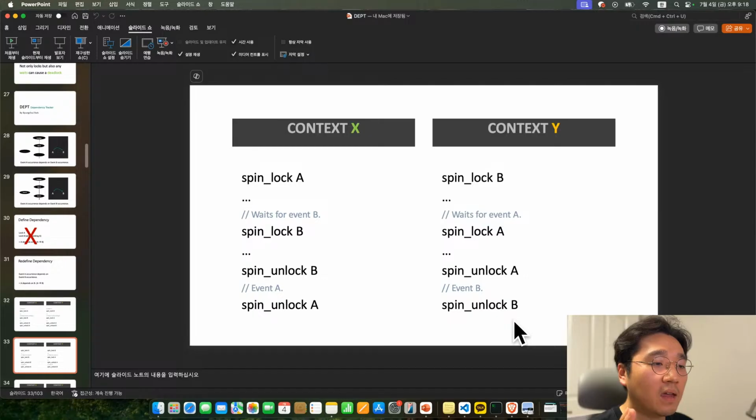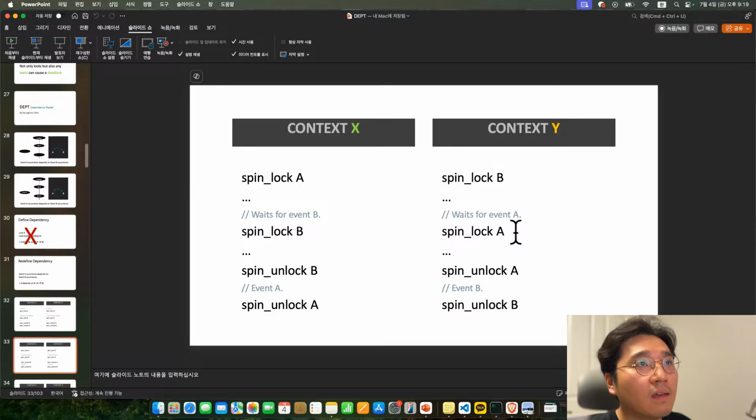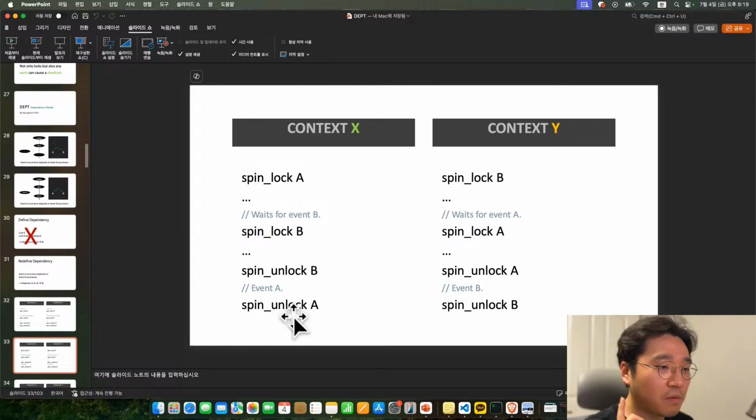So we assume the unlock as an event B. So this context wants event B to occur, and as you know, context Y also wants event A to occur. That event A unlocks A, right? This is the core concept of DEPT.